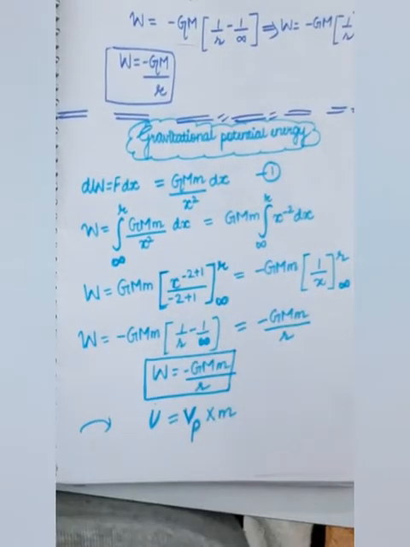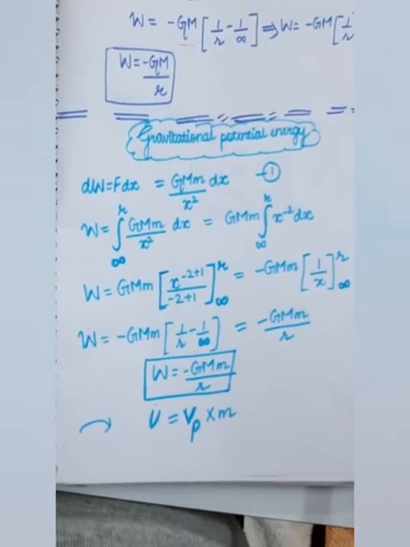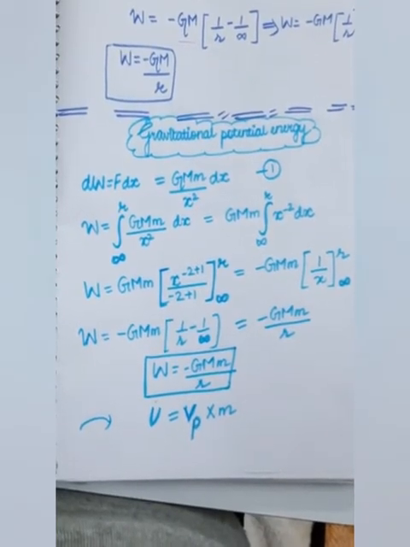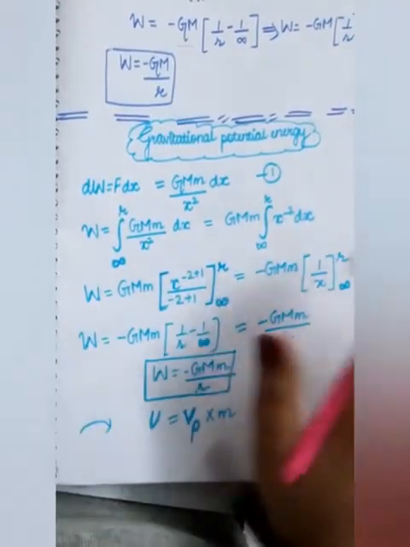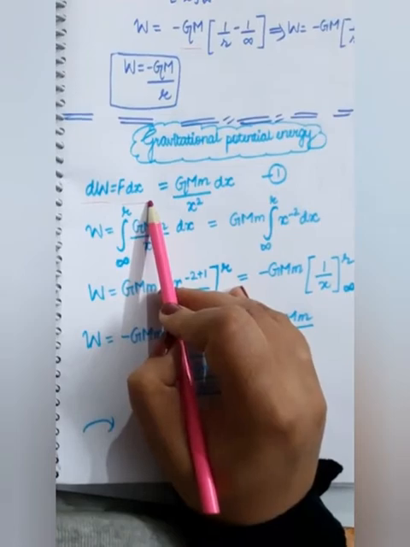The derivation is exactly the same. It's just that we are not going to consider unit mass over here. We will not say that we are finding out work done per unit mass. That is gravitational potential. Here we will say what is the work done in bringing a mass of small m to the mass of capital M. So exactly the derivation is same. Again, dW will be equal to F dx.